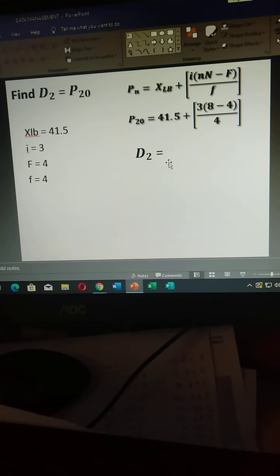So let's solve. 8 minus 4 is 4, times 3 is 12, divided by 4 is 3, plus 41.5.